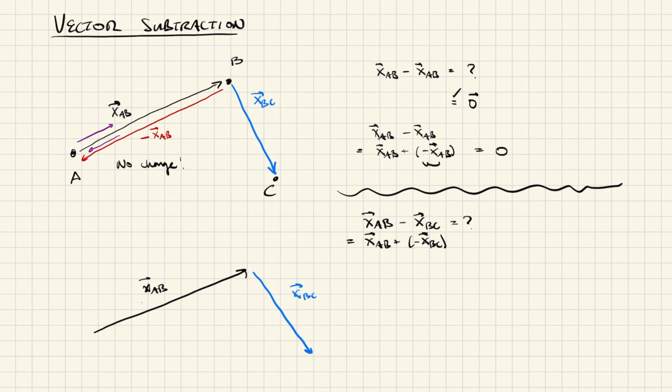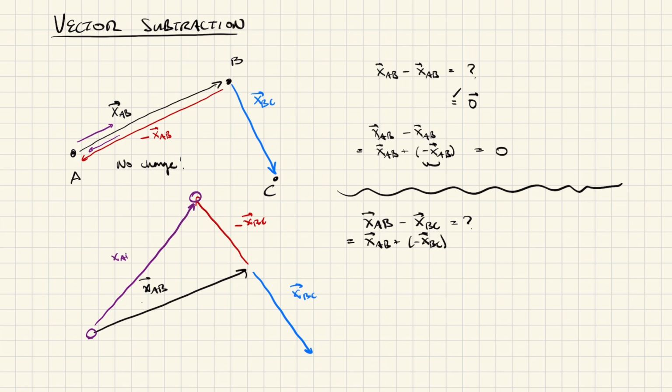We can draw our new vector, negative xbc, like so. Now we finish the subtraction problem by taking vector xab and vector adding the negative xbc vector to it. And our resultant vector goes from our initial position to the final position at the end of this little vector chain, right here. And so we have the resultant vector like so.